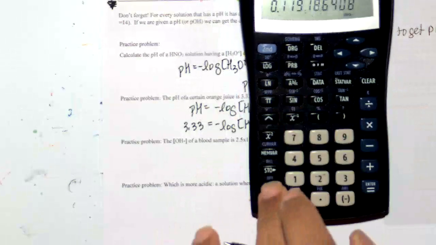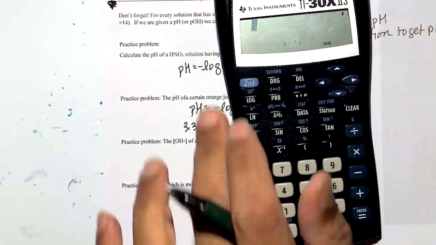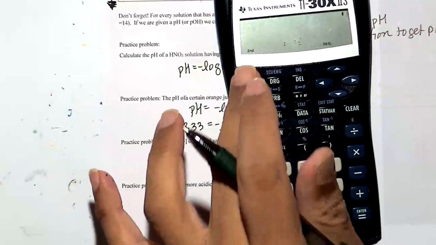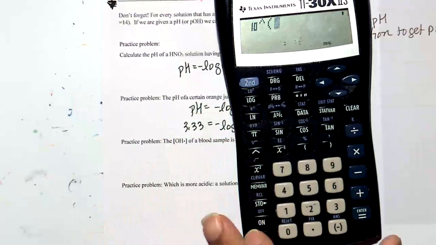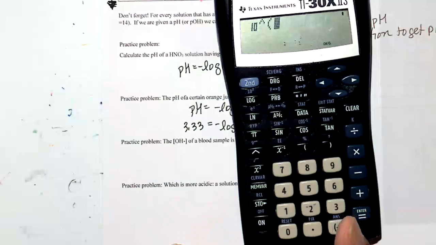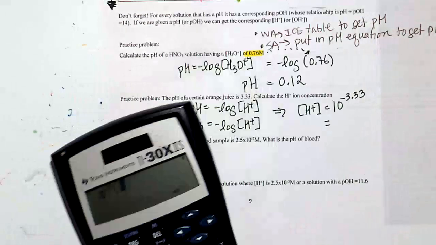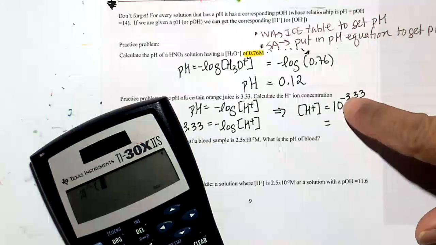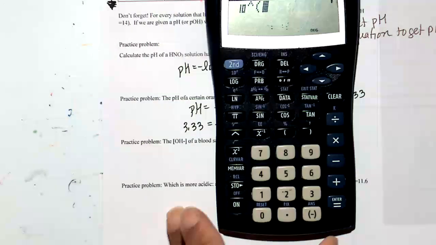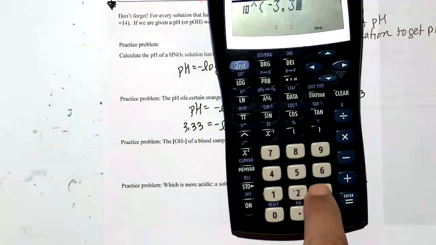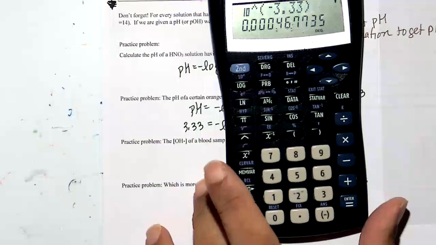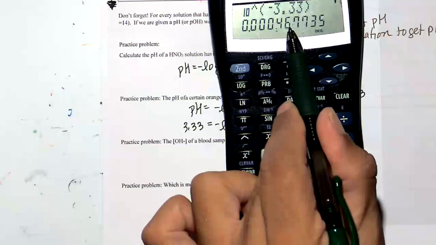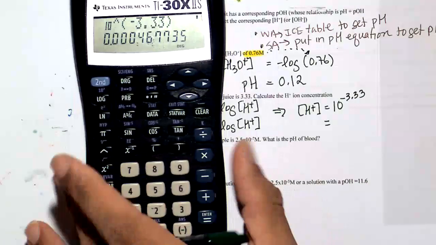So you don't do the log, you do the anti-log. On your calculator, shift log or second log, and then because it's a minus sign, the minus goes in the exponent, so minus 3.33, close those parentheses, and I'm getting 4.68 times 10 to the negative 4.